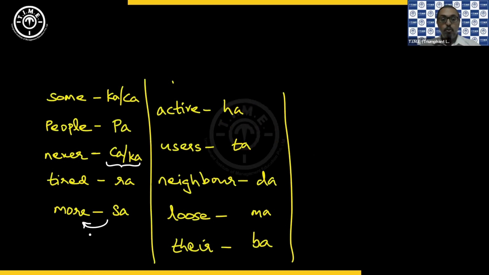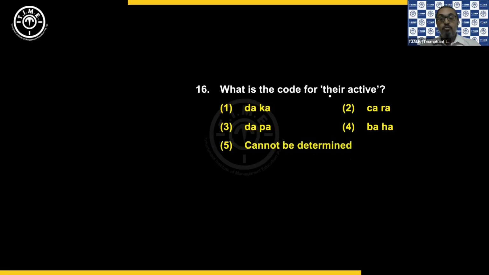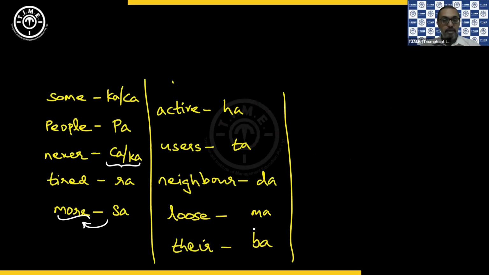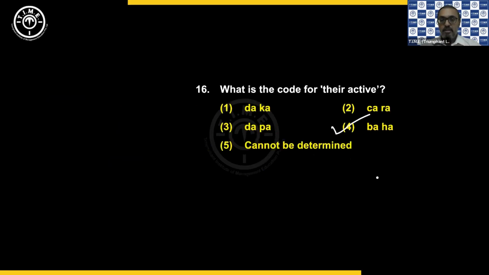The word is more. More is coded as SA. And that's there in choice 2. Now, what is the code for there active? Okay, 2 words. There and active. So there we have BA, active is HA. So it is BA, HA. That is available in the fourth option. Correct?